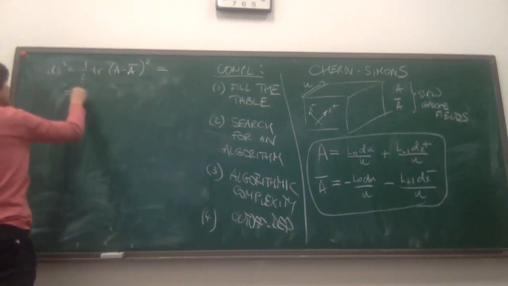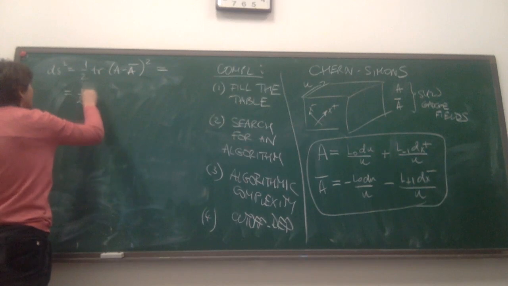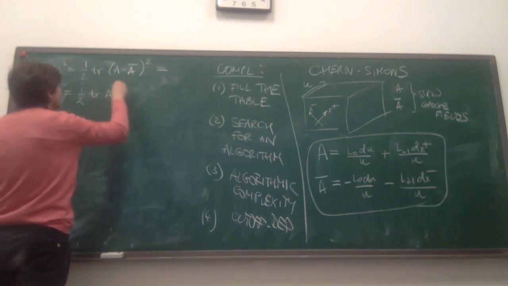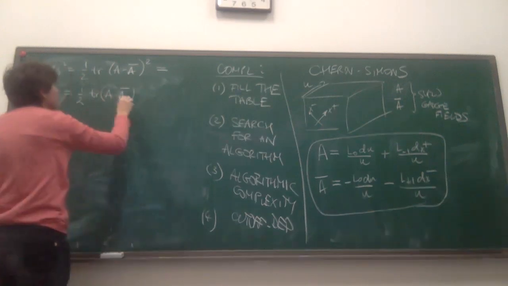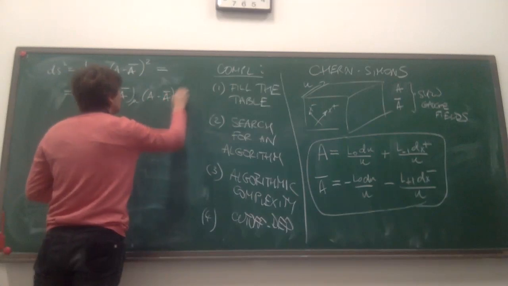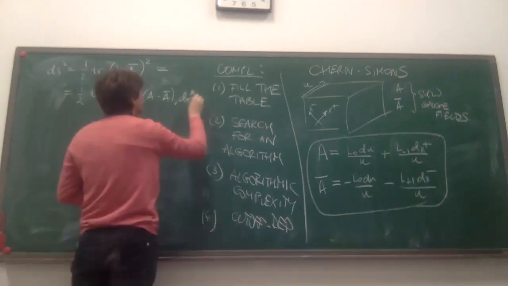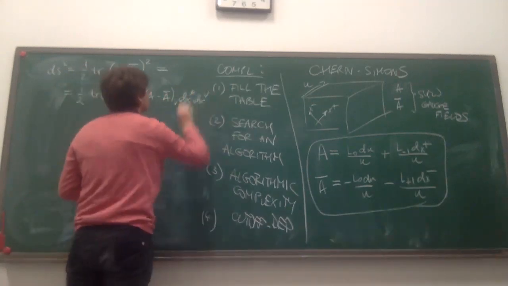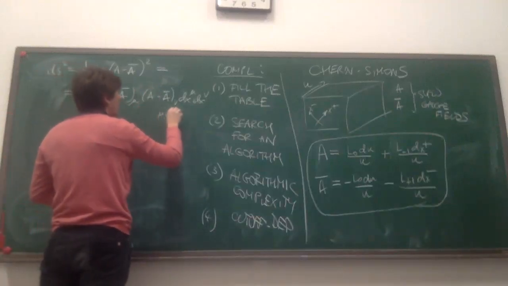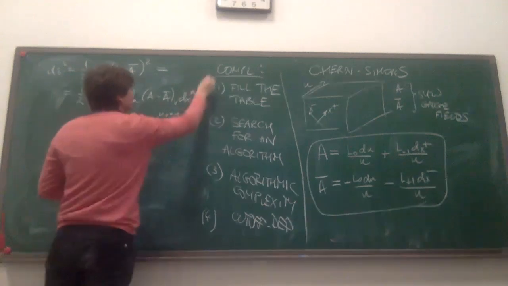So the metric is 1/2 trace of (A minus A bar) mu, (A minus A bar) nu, dx mu dx nu, where mu and nu are plus, minus, and u.